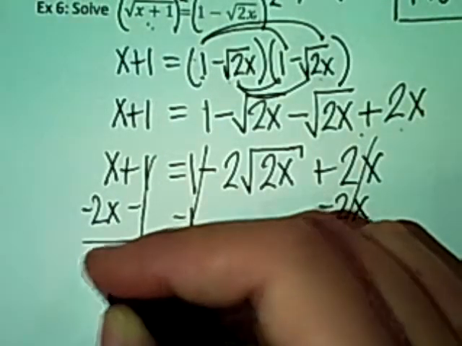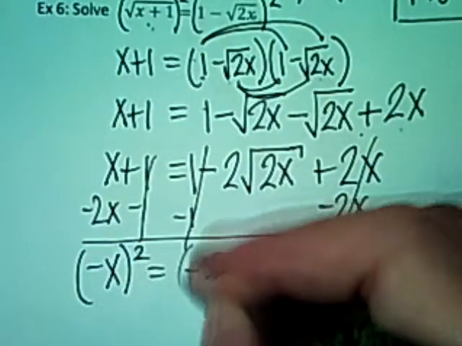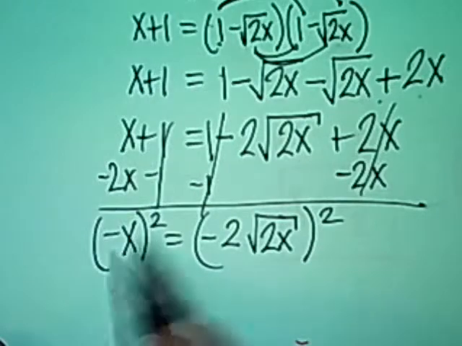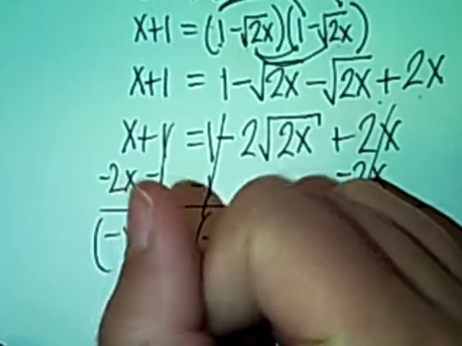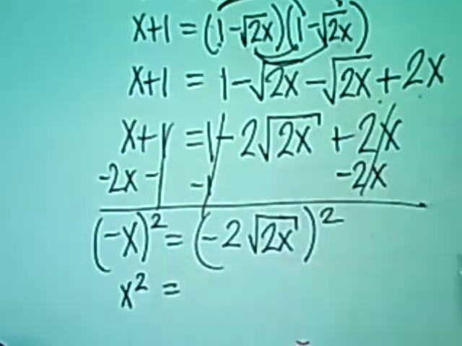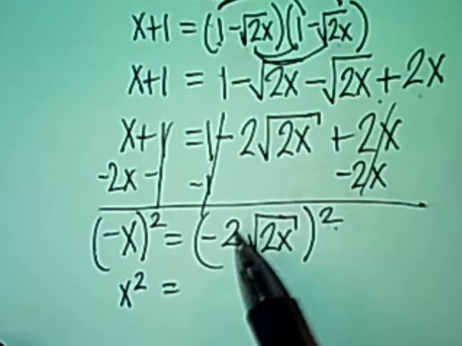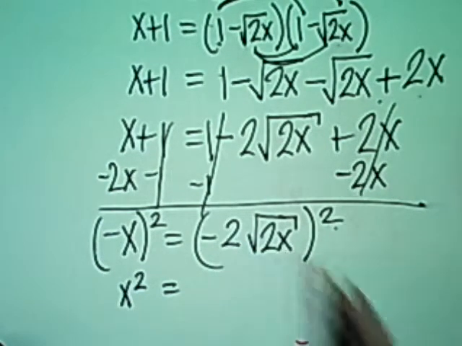So instead, I'm going to now square both sides at this step because I got to get rid of that radical. So when you square negative x, it's just going to become x squared. Now you want to think of distributing this squared through, or squaring each individual piece.